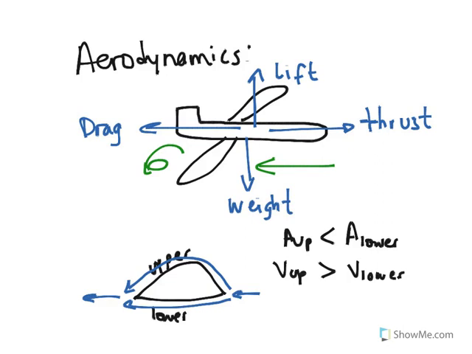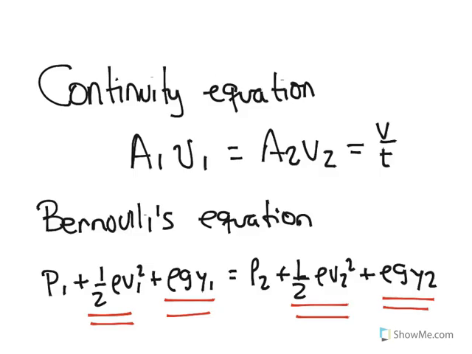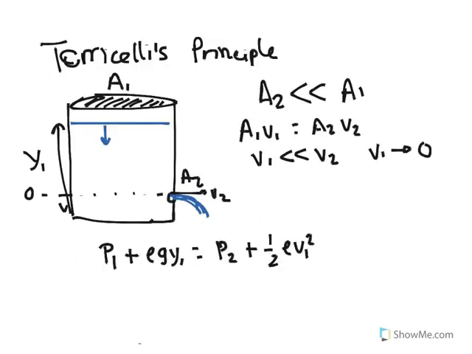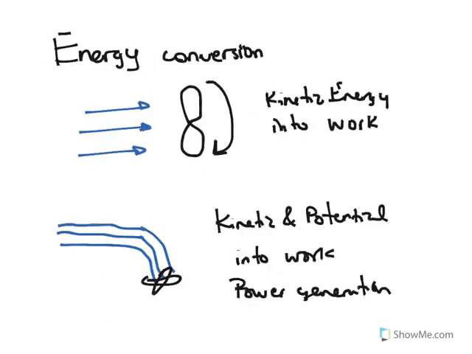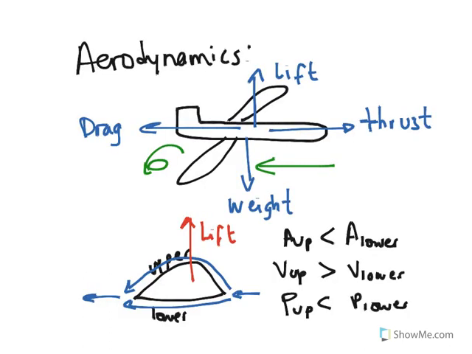And of course, if the velocity upward is higher, then the pressure upwards is going to be lower than the pressure downwards, and this difference in pressure will generate a force that is going to lift up the plane, and this is called the lift force. So remember, we're talking about continuity equation and Bernoulli's equation applications to life. This could be a Venturi tube, Torricelli's principle, energy conversion, or the aerodynamics of an airplane.